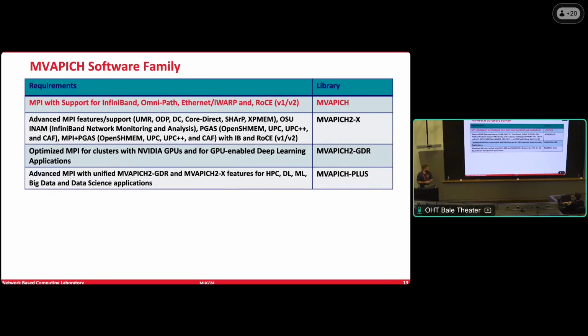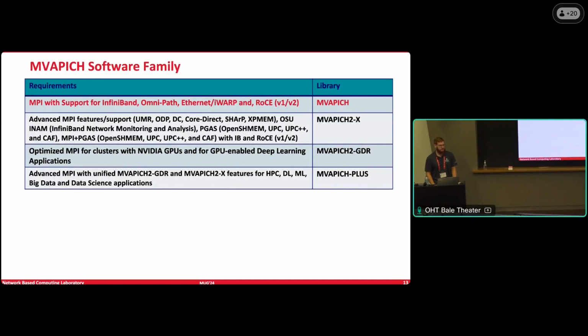Yep. So first off, to borrow again from an earlier presentation, there's not a whole lot of one-size-fits-all available in HPC. So we have a lot of different versions of MVAPICH available for different use cases and to support different environments. So our basic, as close to a one-size-fits-all version that you're going to find is our standard open source MVAPICH software stack.